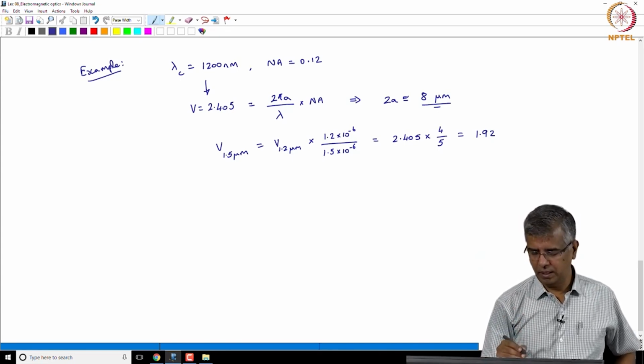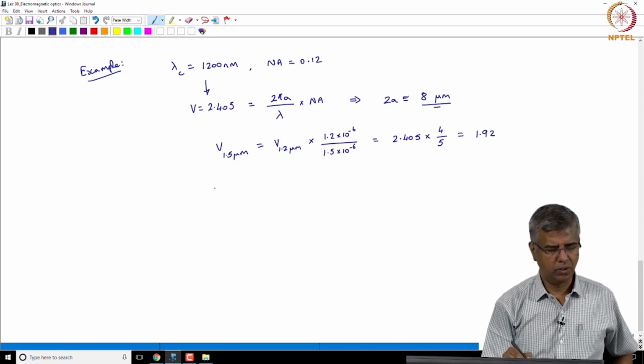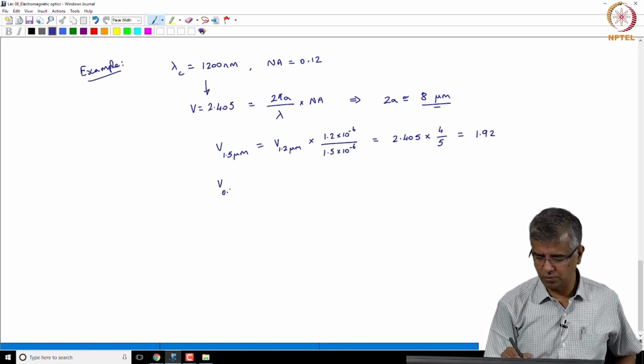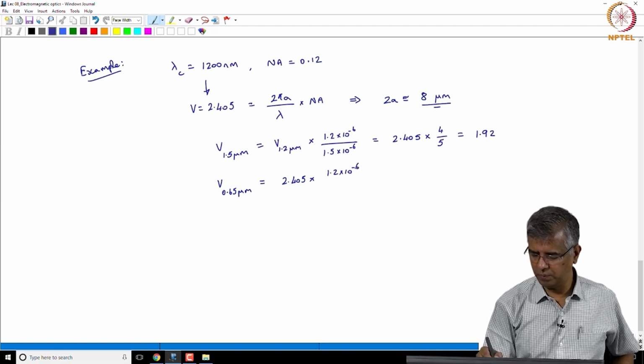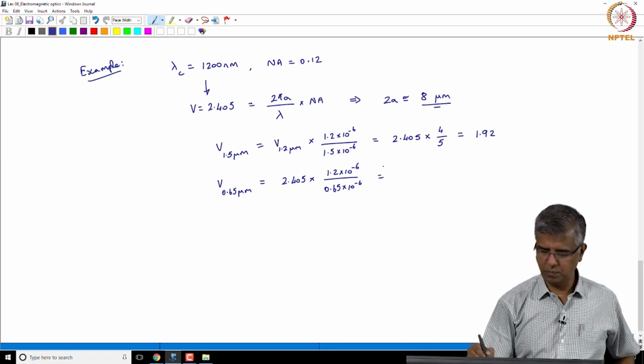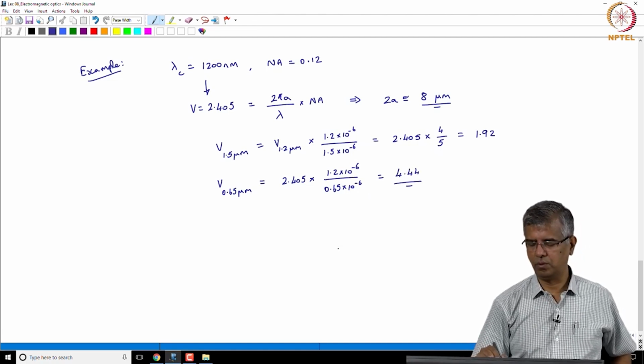But in our experiments, we use a source which is 650 nanometers. So if you look at the V number at 650 nanometers, that's once again 2.405 multiplied by 1.2 in 10 power minus 6 divided by 0.65 into 10 power minus 6, and that would work out to be a value somewhere around 4.4.